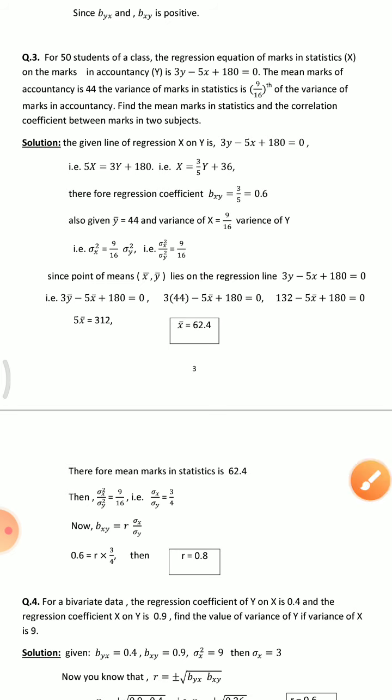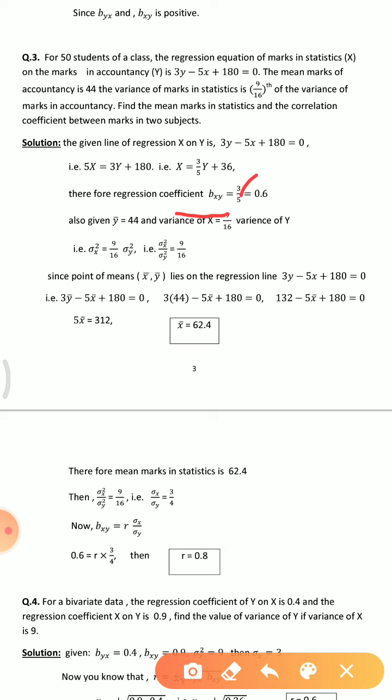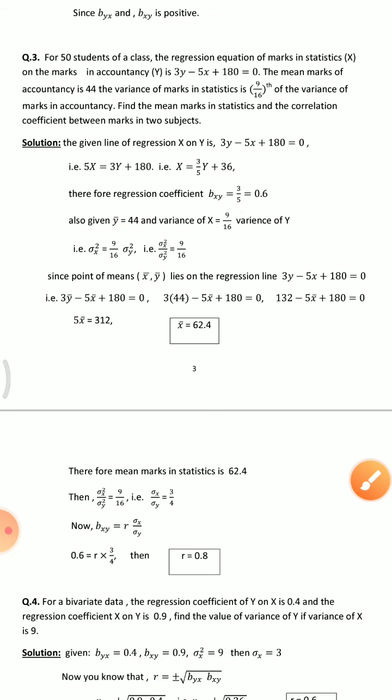Therefore, the regression coefficient b of xy is equal to 3 by 5, and if we divide this, the value is equal to 0.6 here. Also given that y bar is equal to 44, that means the mean marks of accountancy is equal to 44, and the variance of x is equal to 9 by 16 variance of y.